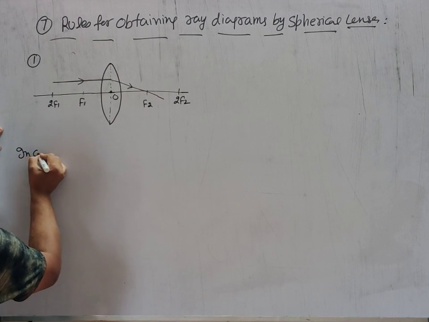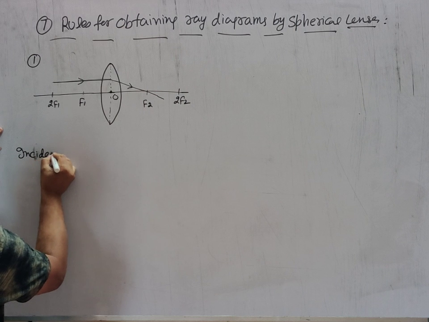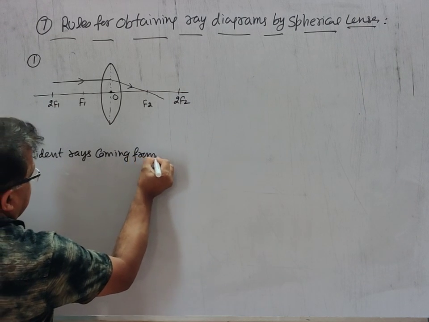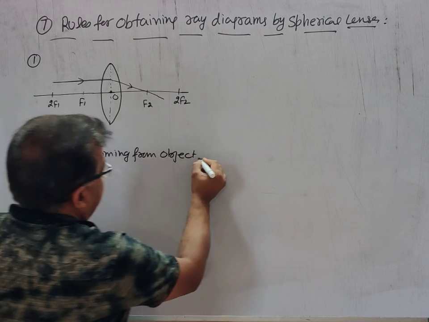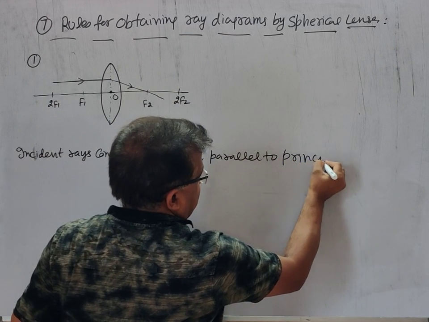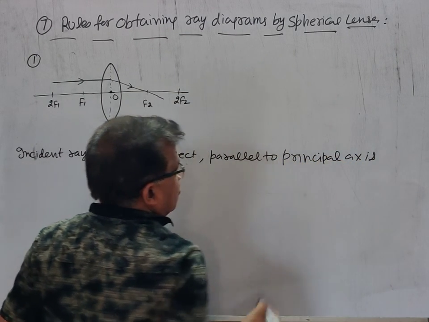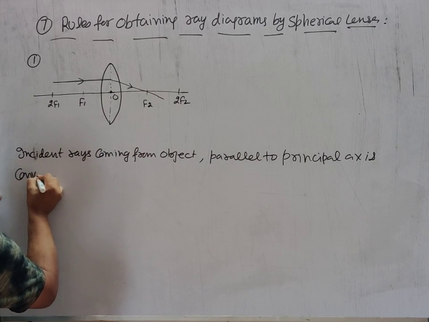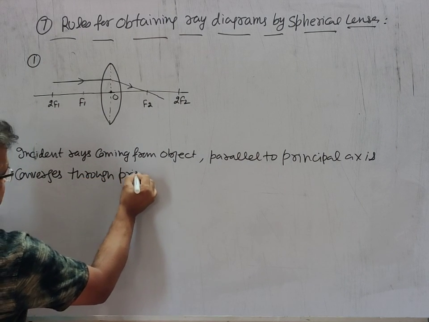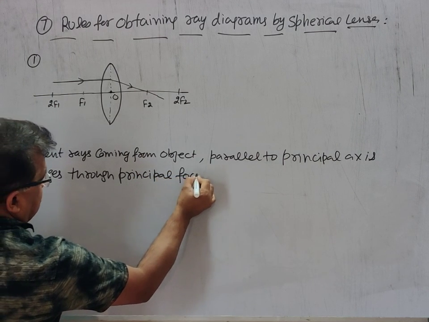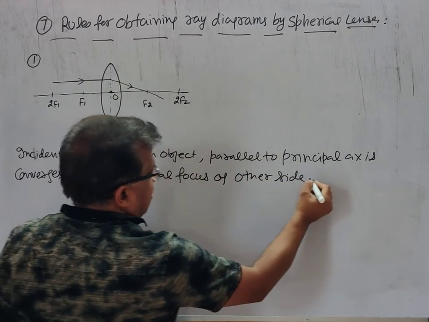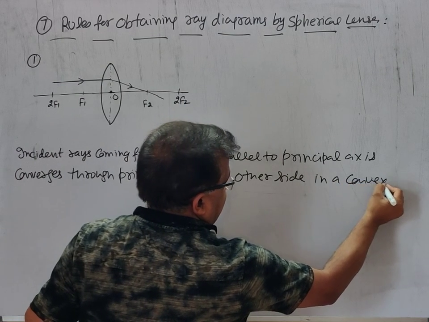So incident rays coming from the object parallel to the principal axis converge through the principal focus on the other side in a convex lens.